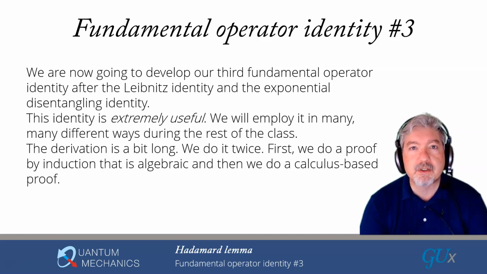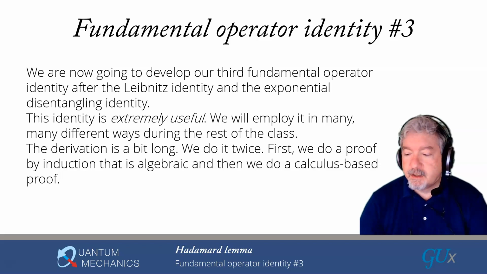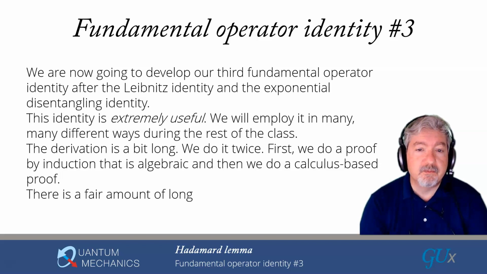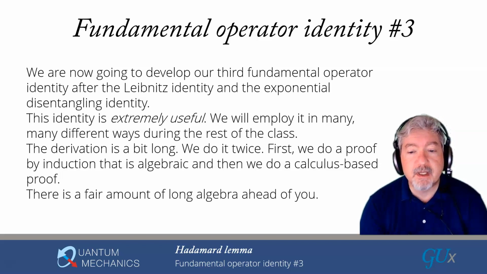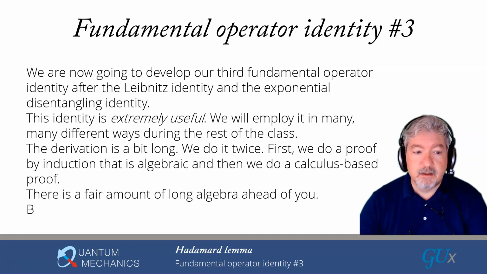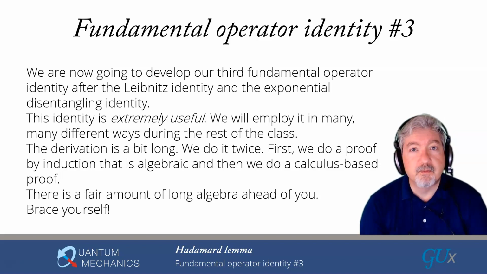I want to really make sure that you understand it. The algebraic derivation uses a proof by induction, and there's a fair amount of long algebra in that. So brace yourself. We have a lot of complicated work to go, but the prize at the end is well worth it.